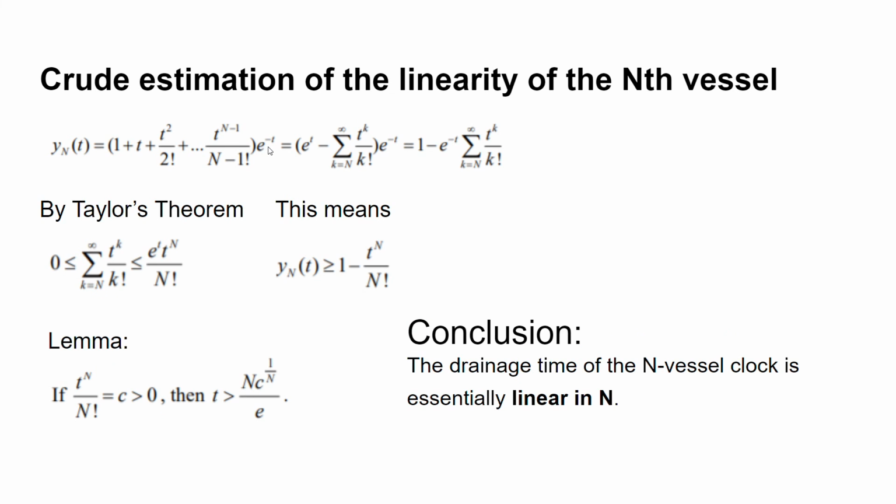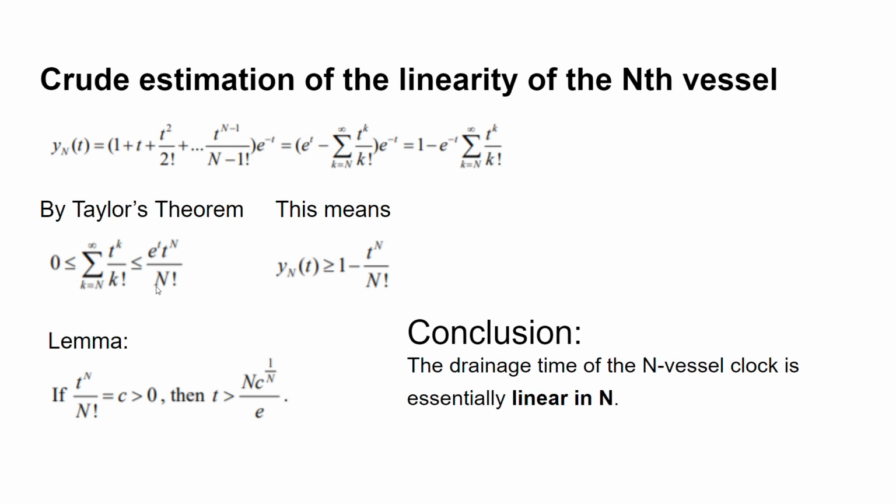Finally, I will explain the crude estimation of the linearity of the nth vessel. By Taylor's theorem, we know that this statement is correct when n and t are big enough.